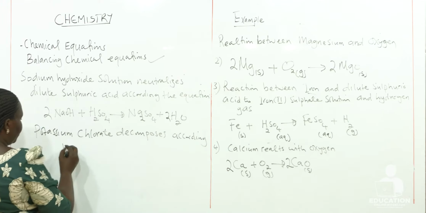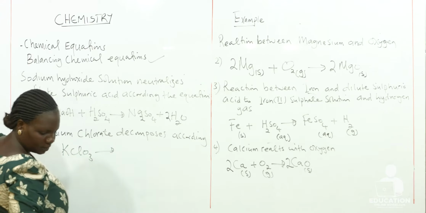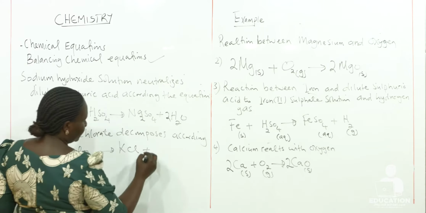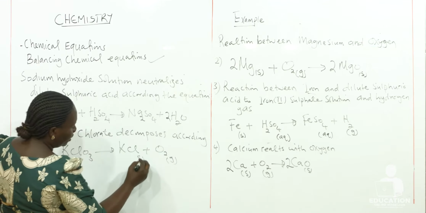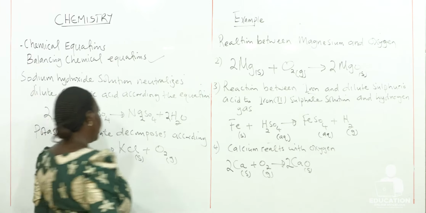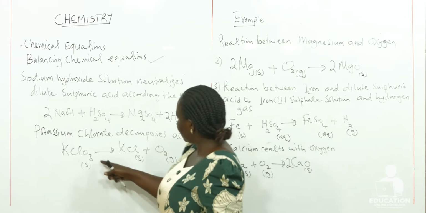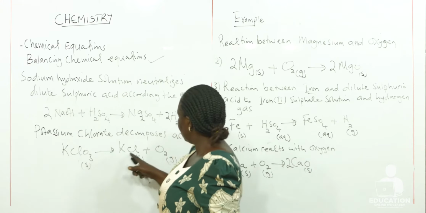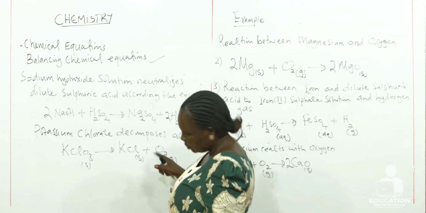We have potassium chlorate decomposes to give us potassium chloride plus oxygen, which is gas, and then this one is solid, and then this one is also solid. Then let us look at this equation. We have potassium chloride, 1 potassium, we have 1, chlorine 1, also 1. We have oxygen here 3, and then oxygen here 2.